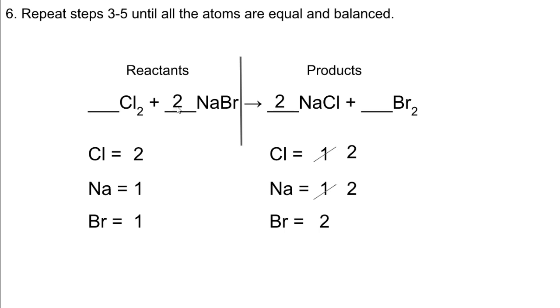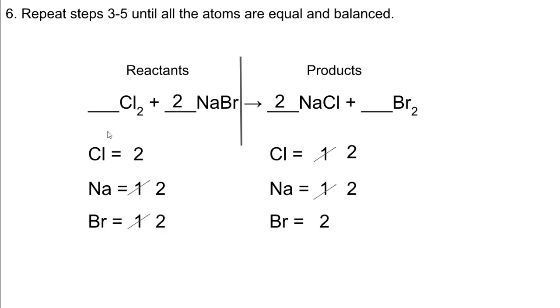I'm going to put my coefficient in front of Na. Distributive property is going to be 2 times it, and I'm going to end up with 2Na. Now again, notice, students, if I add a 2 here and it goes to my Na, what else does it go to? My Br, right? So I have 2 Na. I also have 2 Br.